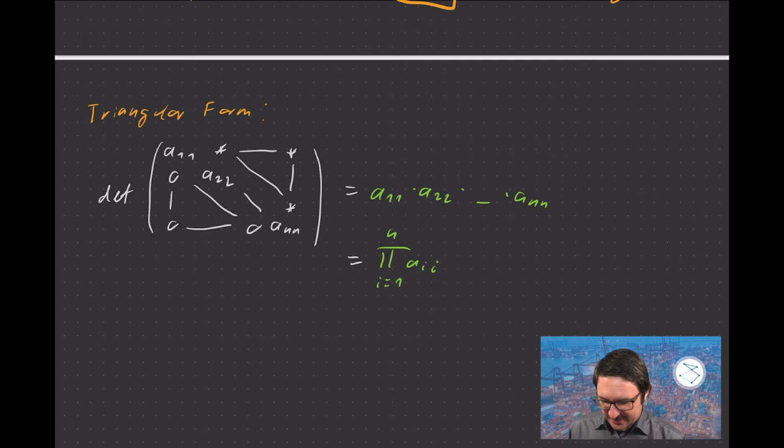Now, of course, that doesn't seem very useful because how often do you get matrices in triangular form? But it is if you combine it with those results on row operations. Remember, we can apply row operations without changing the determinant or without changing much.